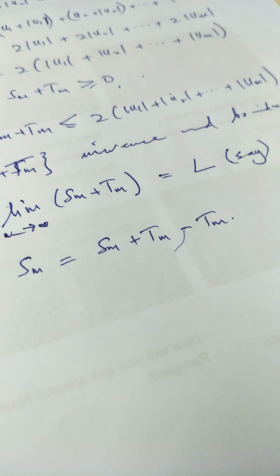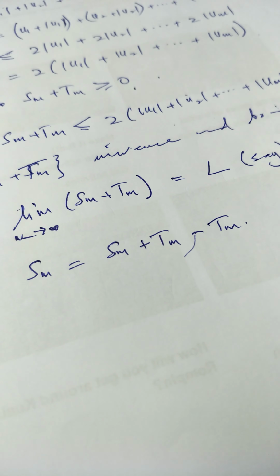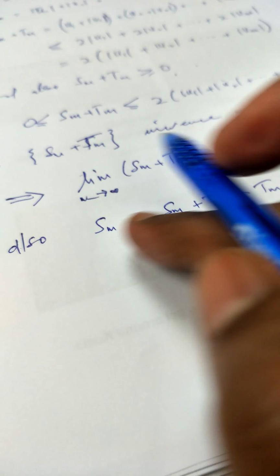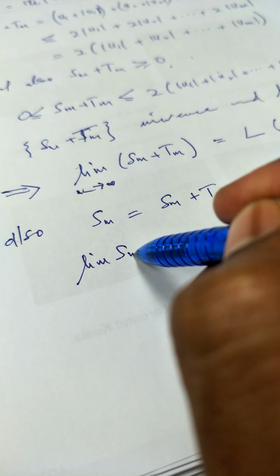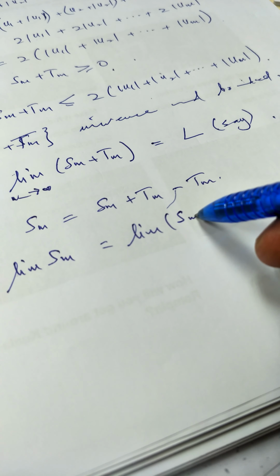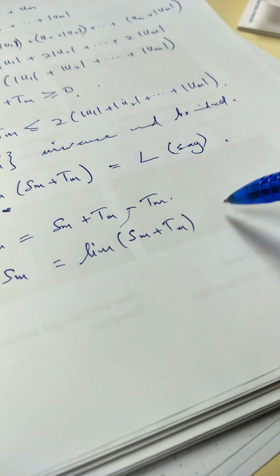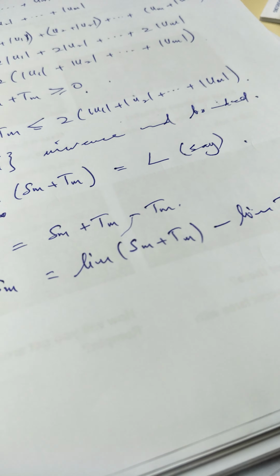This is true. If we take the limit, the limit of Sm equals the limit of Sm plus Tm minus the limit of Tm.